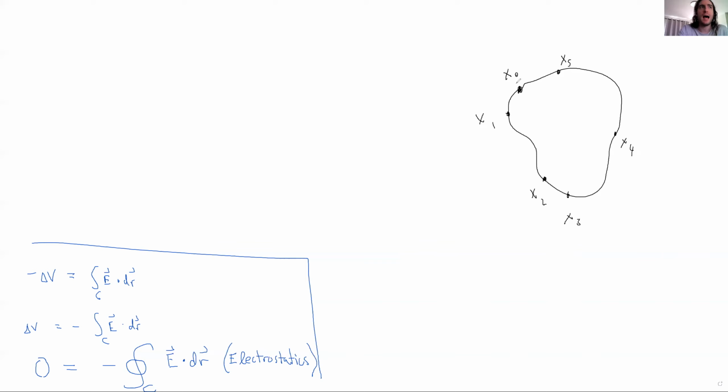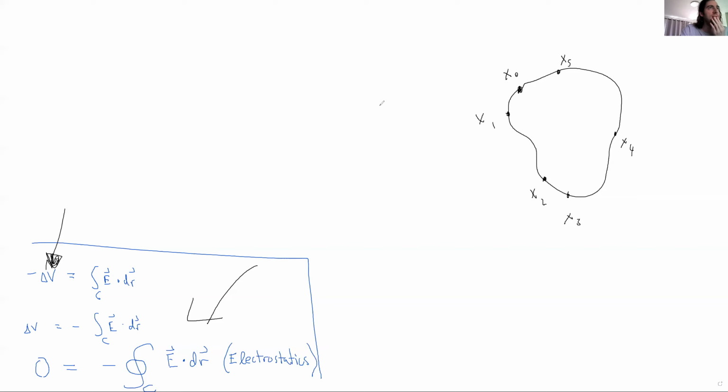All along this path, if we're doing electrostatics, which is what we're looking at here, my path integral of the electric field is going to be 0 from this right here. Because the electric field is conservative, the only thing that matters is the starting point and the ending point. And so if I compute delta V for a closed path, I get 0, because I'm going to end up doing VA minus VA again.